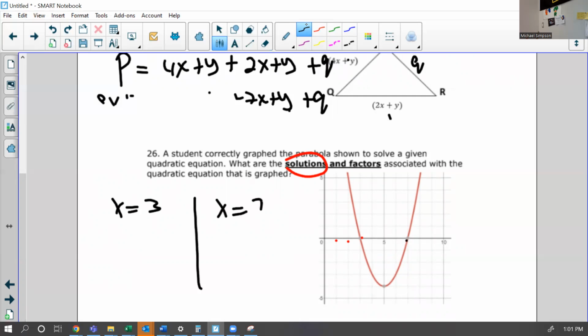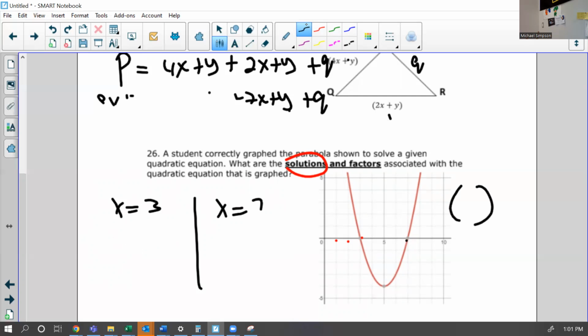Now to find the factors, all I'm going to do is move the 3 to the left side. It becomes x minus 3 equals 0. Let me back up for a second. Remember, when we look at factors, they're in parentheses.